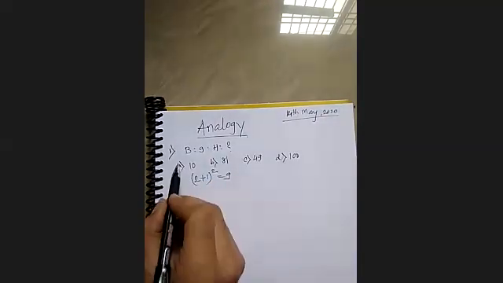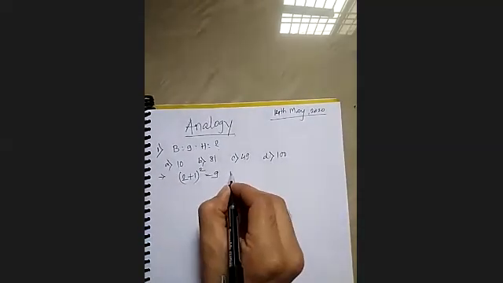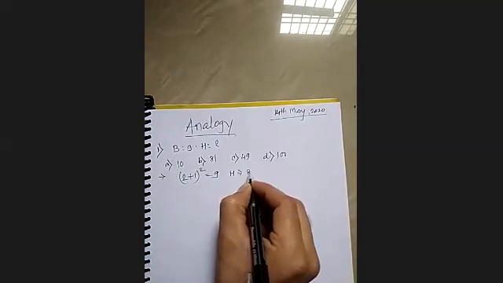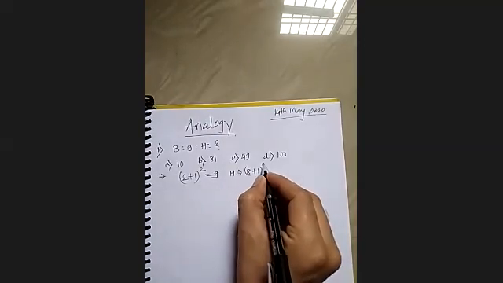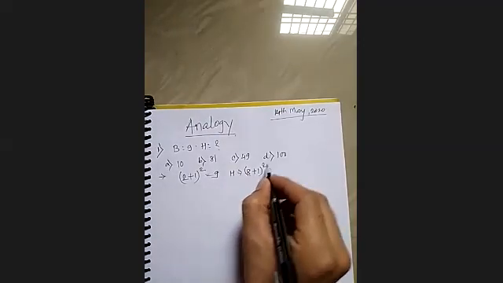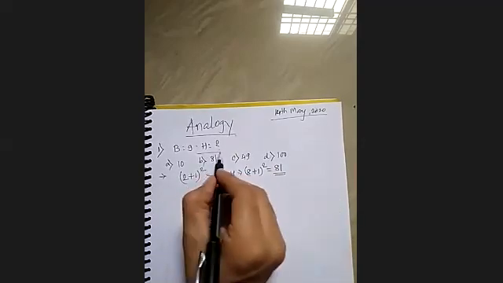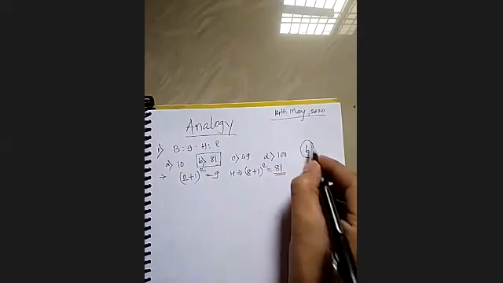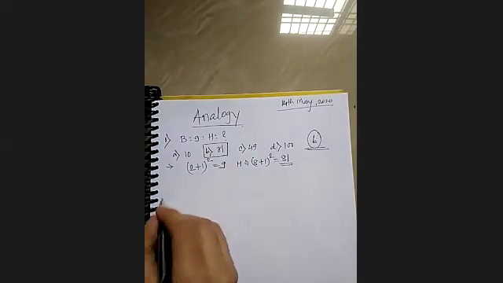So B is having a relationship with 9. Like that, H is having the number 8 plus 1, its square, right? So 9 square will become 81, and therefore your option is B, that is 81. Very simple one, right?